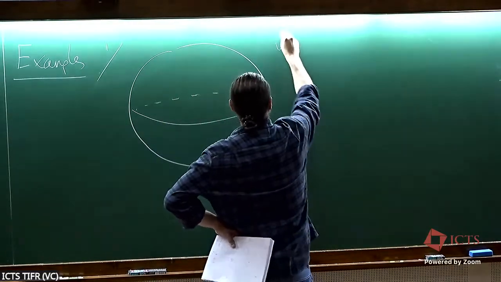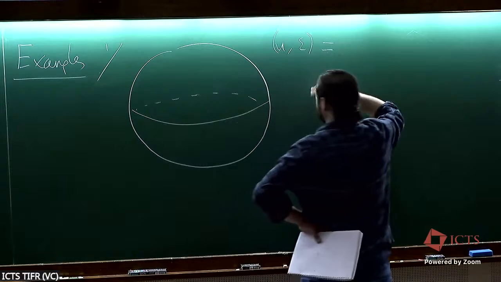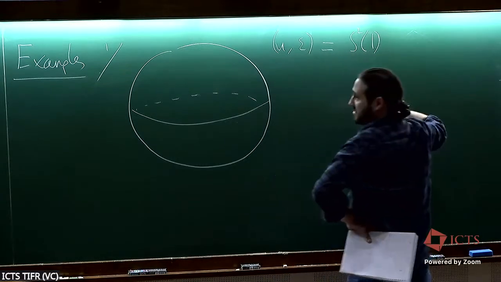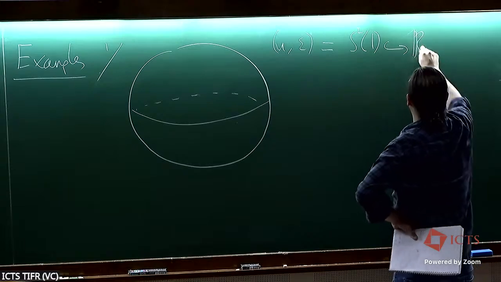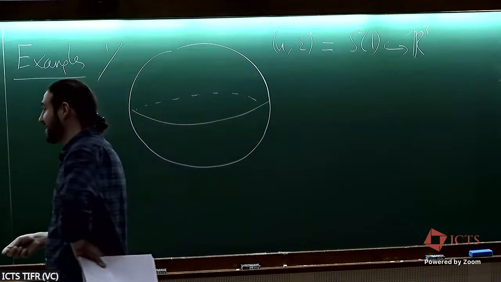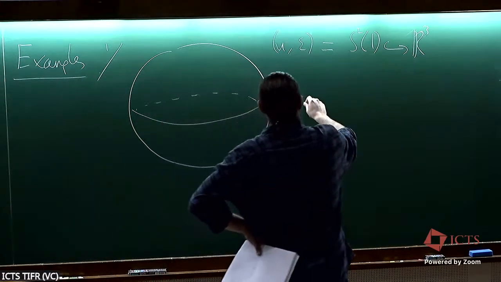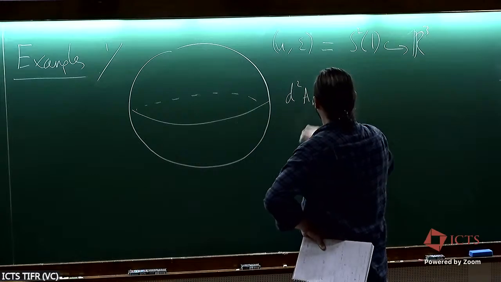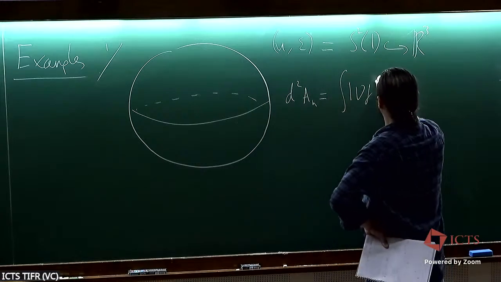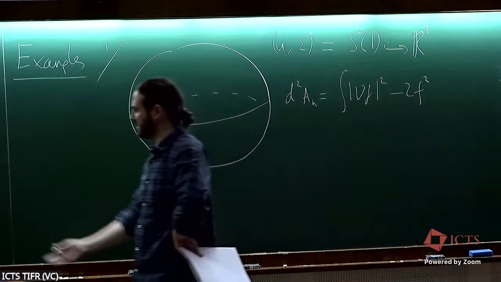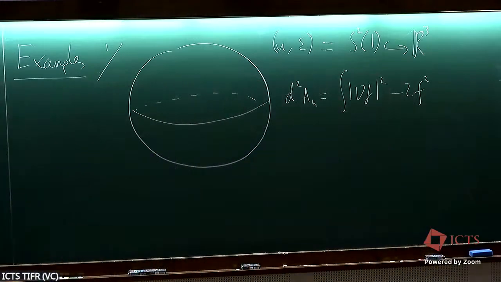So U sigma, I'm just going to write it loosely as the round unit sphere embedded in R3 in the usual way. This is, of course, CMC. And its quadratic form looks like grad f squared minus 2 f squared. There's no ambient curvature, so you only see the second fundamental form squared, which is 2.